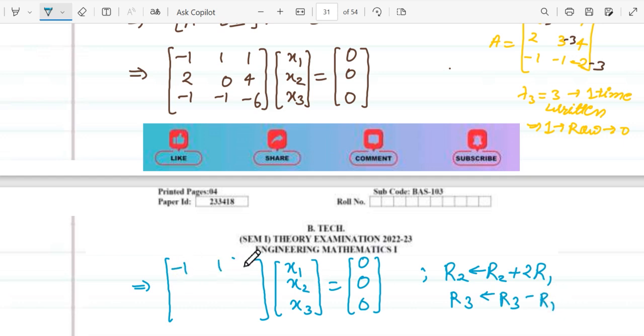Then it becomes minus 1 1 2, multiply and add, 0, then 4 and 6, this minus this is minus 2, and this minus this is minus 6.